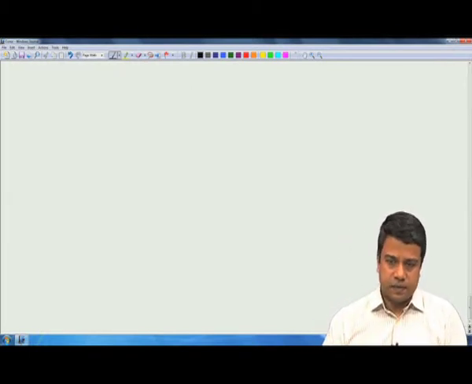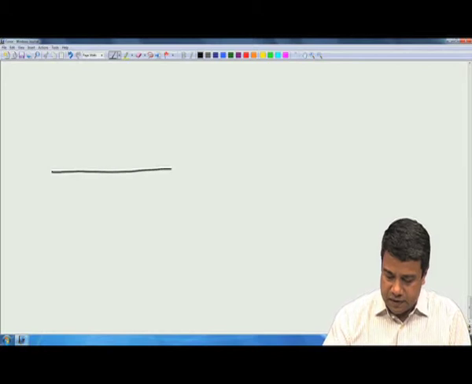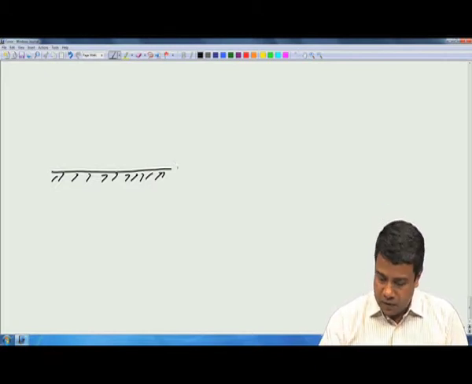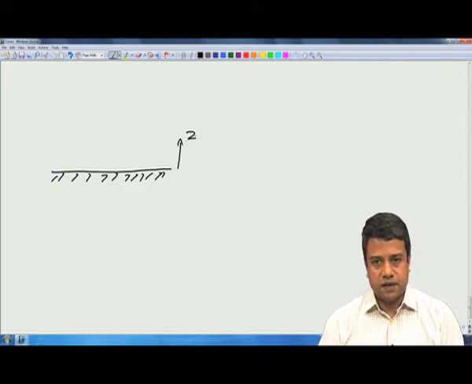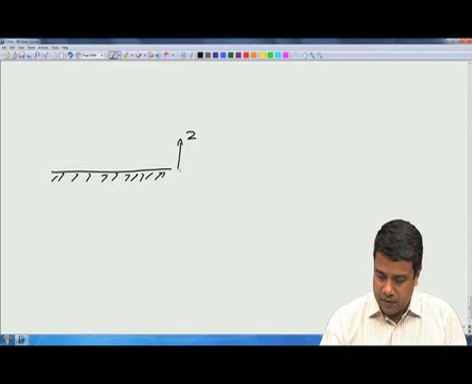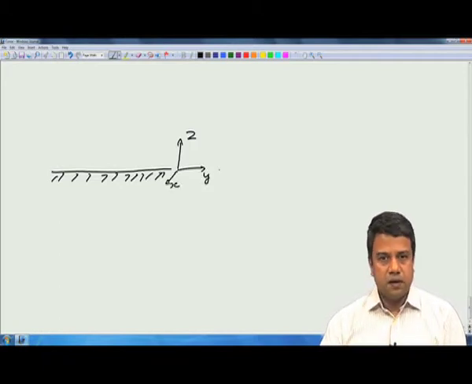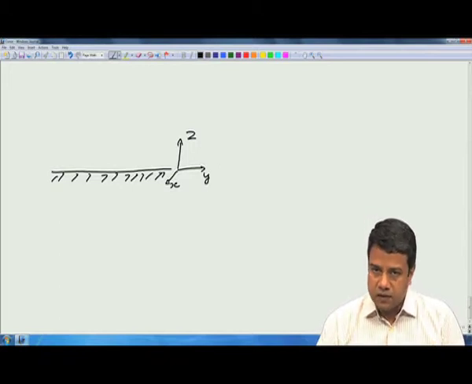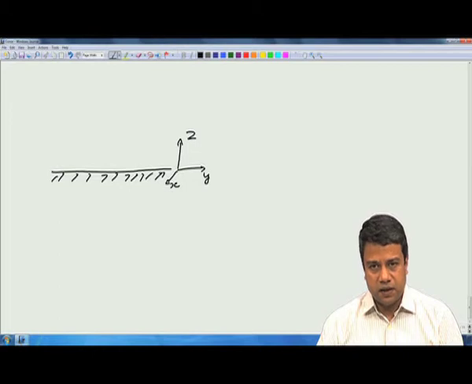Consider a definite problem. We have a surface. Let us consider the surface to be of infinite extent along the plane, with a unit normal perpendicular to the surface in the z direction, and along the plane we have the x and y coordinates. We will consider the surface to be of infinite extent, so that there is no variation in the x and y direction.